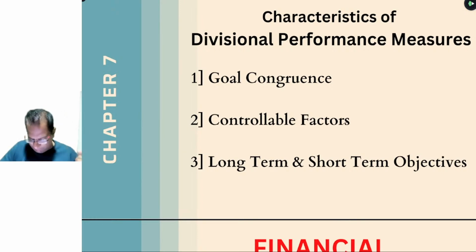Right? So write down, beta: long-term and short-term objectives. Write: the short-term objective is financial in nature.